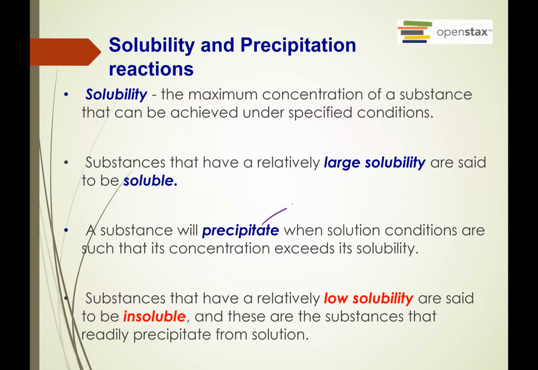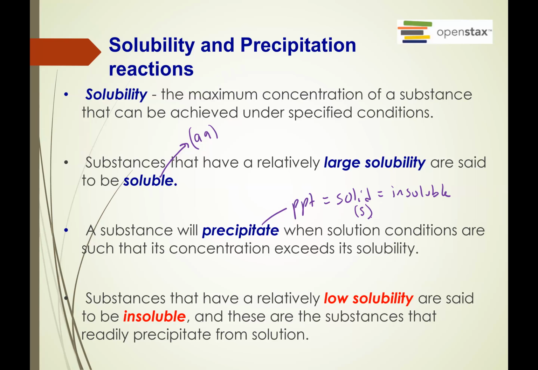So a precipitate is a solid, and that is insoluble. Soluble means it's an aqueous solution. So soluble means aqueous. Insoluble, we'll see, will be a solid with an S. So S means solid, AQ is soluble.